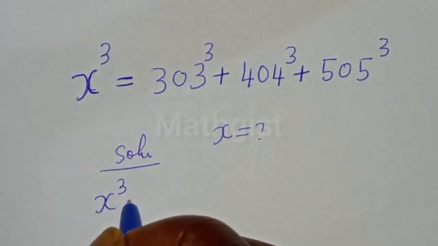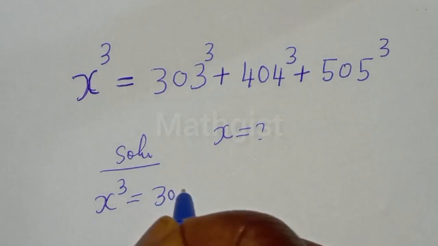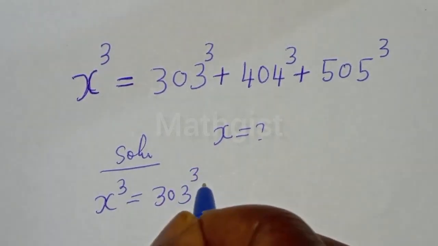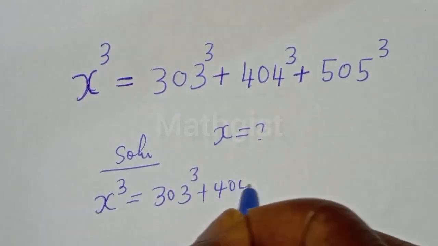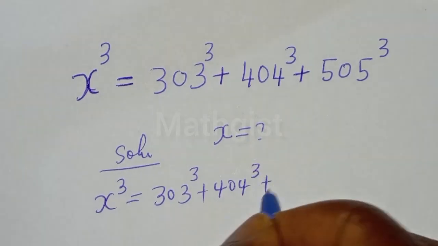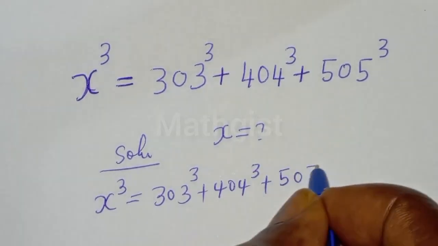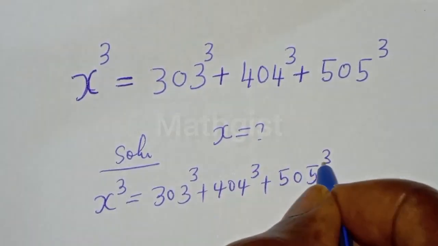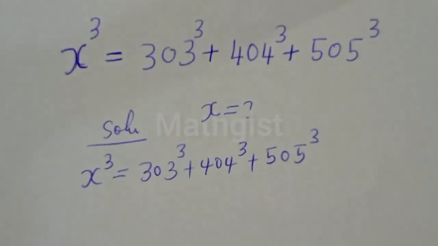S raised to power 3 is equal to 303 to the power of 3 plus 404 to the power of 3 plus 505 to the power of 3.